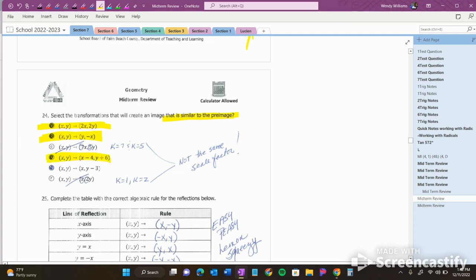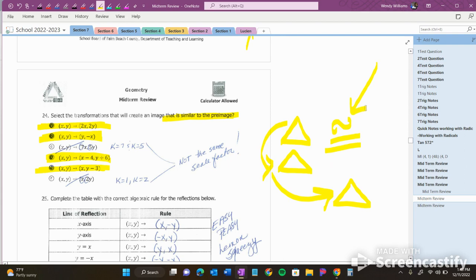Translations, whether they move up and down or side to side, these shapes are similar. I can move a shape up, I can move a shape down, I can move a shape over. They are just translated, and that means that they are congruent. Therefore, if they're congruent, then they are similar.